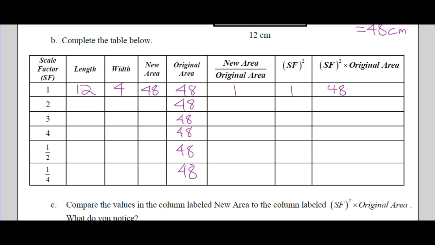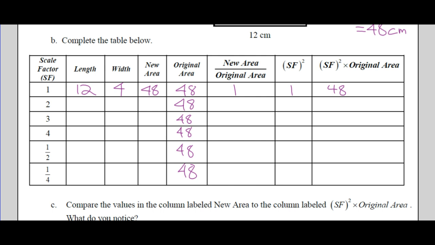The new area over the original area is actually the scale factor, and we're going to see that it's really scale factor squared. Then we multiply that by the original area and see what we got.